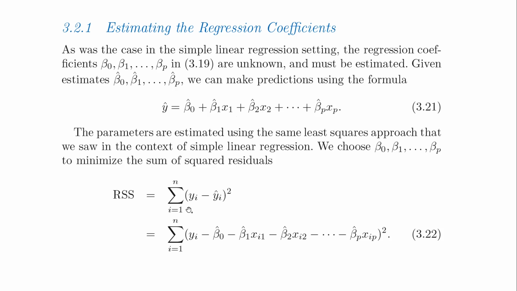For each observation in our training data, we start changing the values of the betas until you minimize the sum of the squared difference between the actual data, the yi, and the model's predicted output.